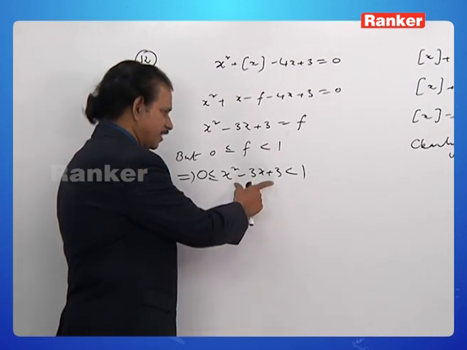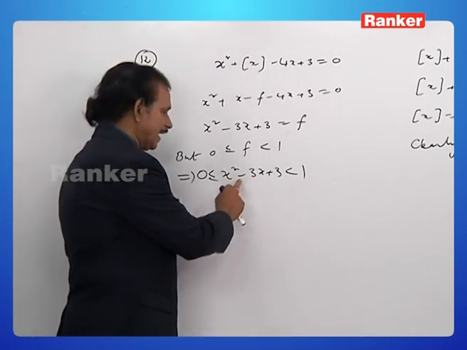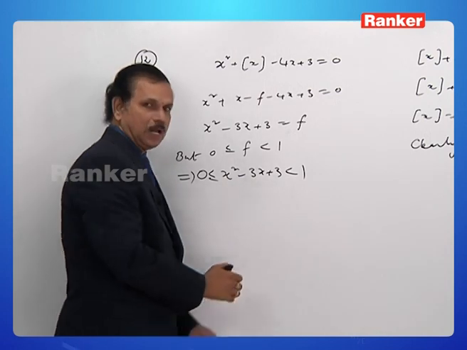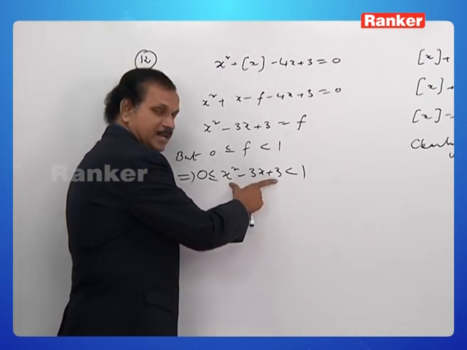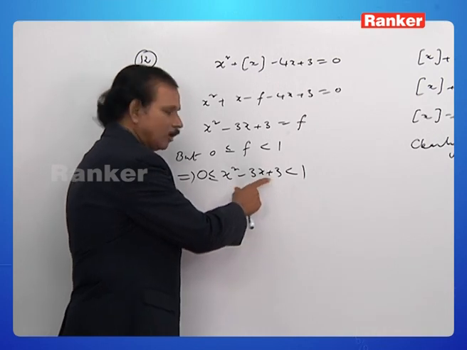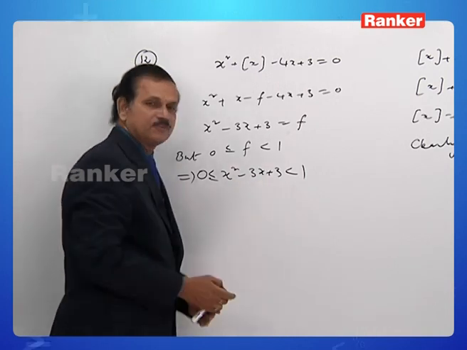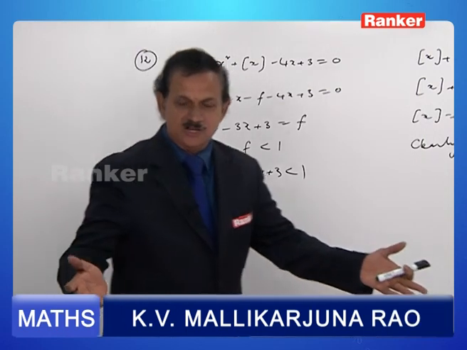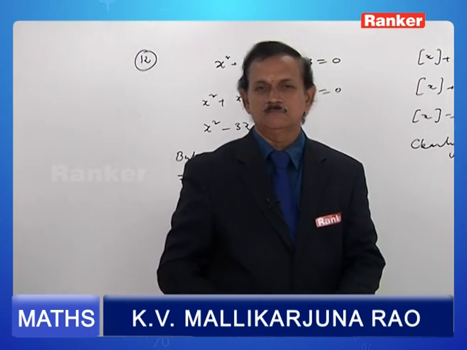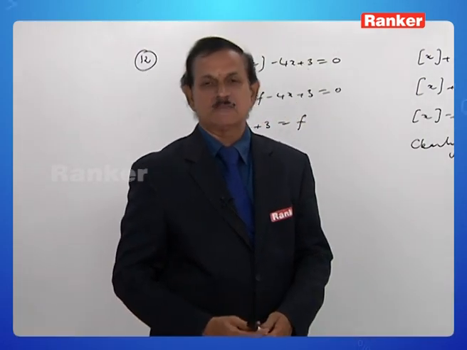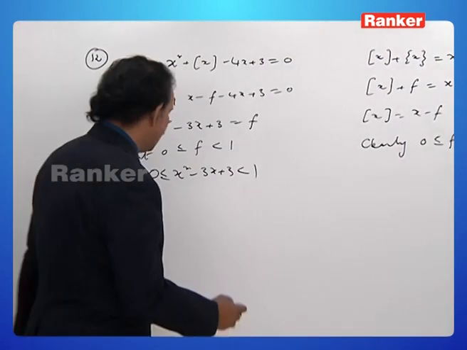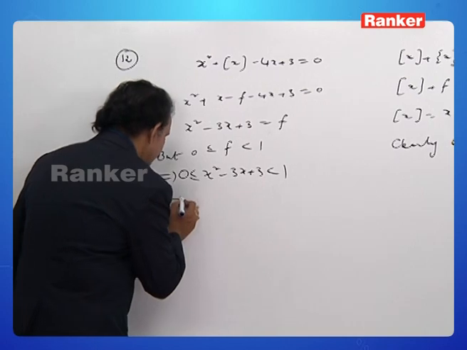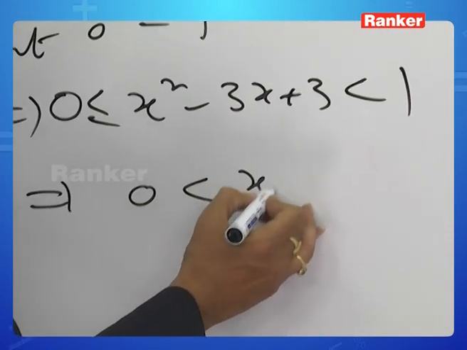What is the discriminant of this equation? b square minus 4ac: 9 minus 12, which is minus 3. Negative. The discriminant of this expression is negative. Therefore, x square minus 3x plus 3 is equal to 0 does not possess real roots at all. Therefore, x square minus 3x plus 3 cannot be 0. Hence, it should lie between 0 and 1.